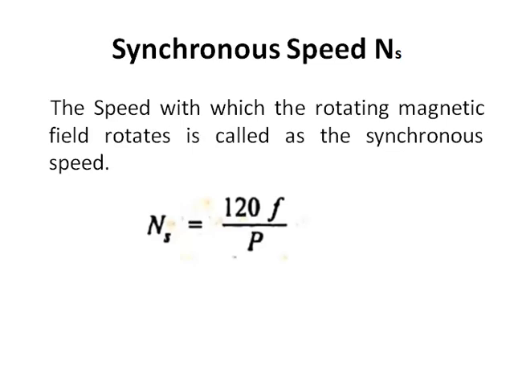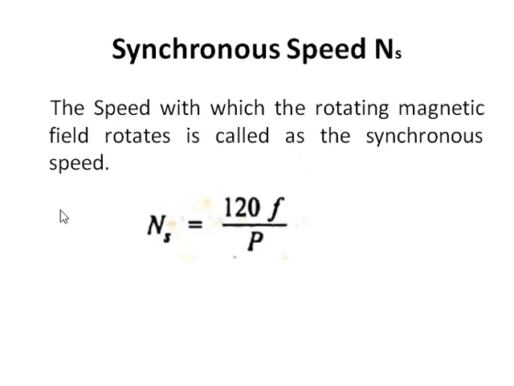The speed of the rotating magnetic field is called the synchronous speed, and it is represented as ns, in rpm, rotations per minute. The synchronous speed is the speed with which the rotating magnetic field rotates.